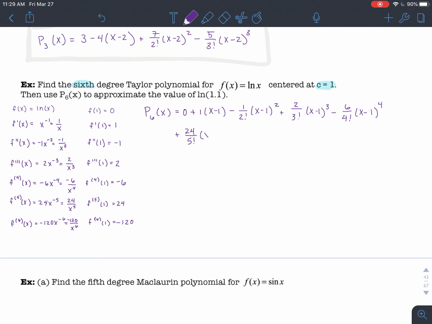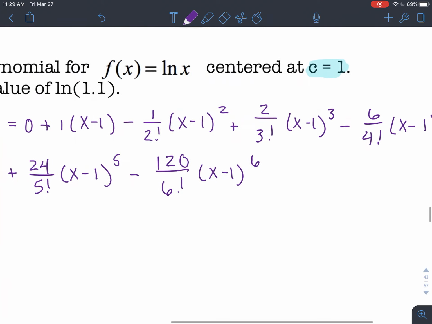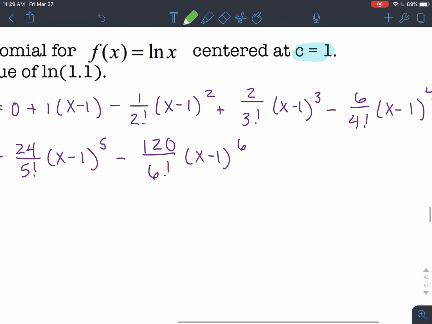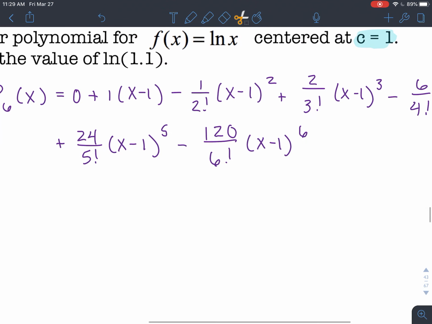To the fourth degree. Then I'm going to bring this down to the next line just to give myself some more space. So then I'm going to have plus 24 over 5 factorial times x minus 1 to the 5th power. And then my last term is going to be negative 120 over 6 factorial times x minus 1 to the 6th power.